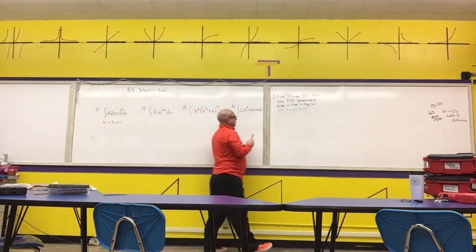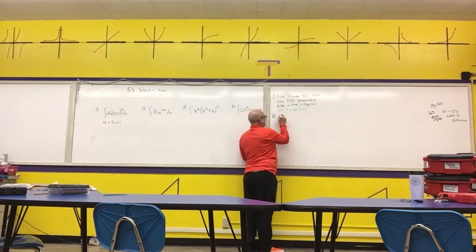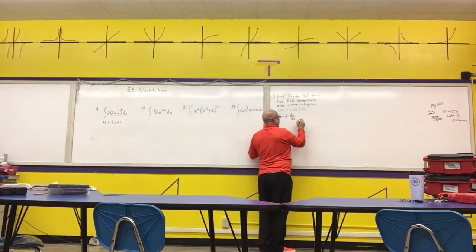Step 2 is we are going to find du over dx and then multiply both sides by dx.